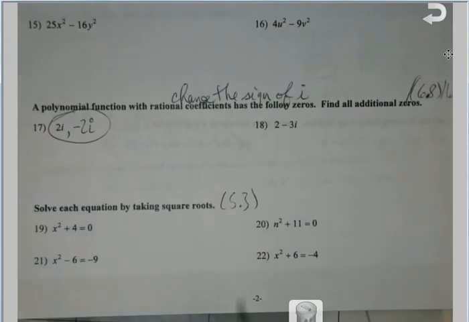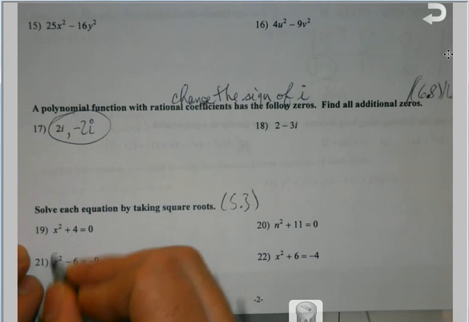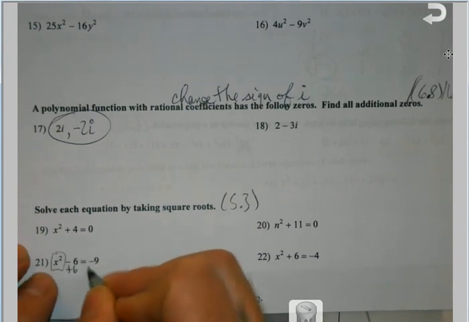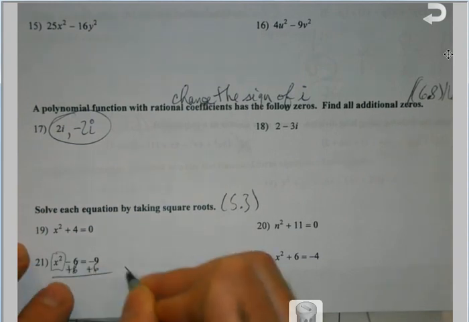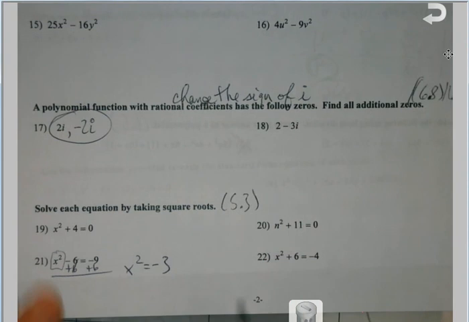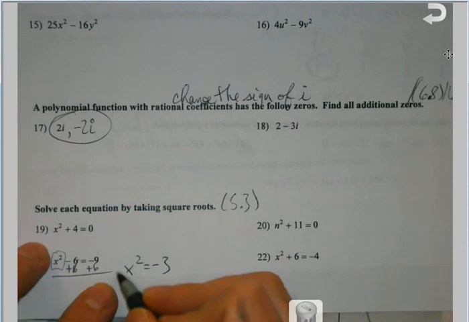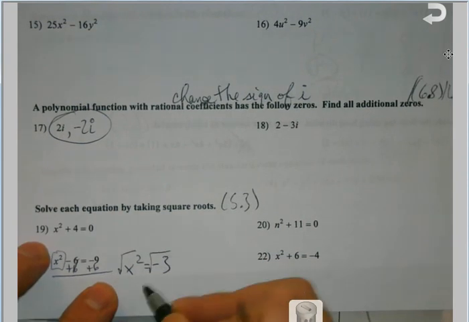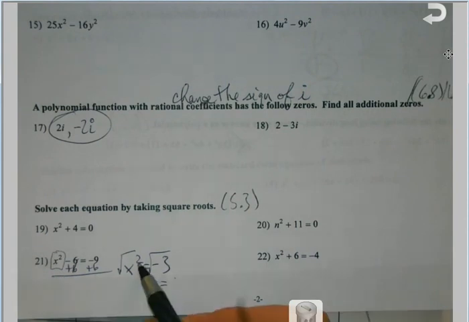And finally, we'll do one down here at the bottom, working with square roots. Let's do 21. Got to get x squared alone first. And I got a square root to get rid of the squared. Now, let's see, what do I have to pay attention to here? How many answers am I going to have with this quadratic?